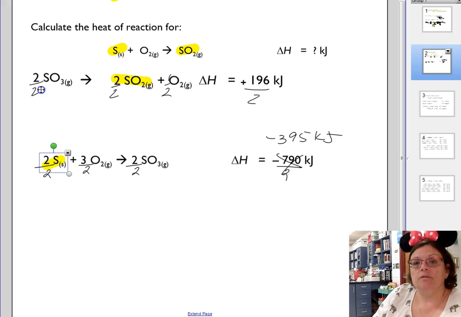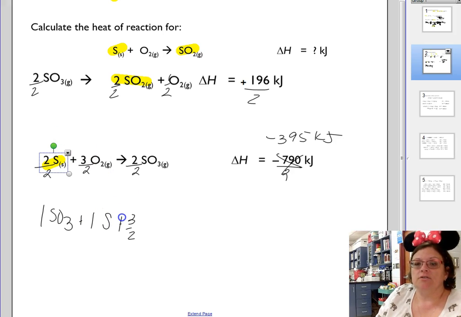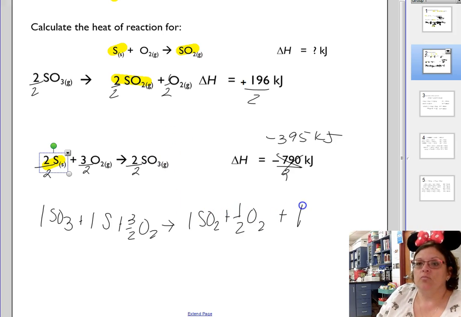That gives me 1 sulfur trioxide, 1 sulfur dioxide, and a half of an oxygen. Now I'm going to put them together. Okay, 2 over 2 is 1 SO3. 2 over 2 is 1 S plus 3 halves oxygen. 2 over 2 is 1 SO2 plus 1 half oxygen plus 2 over 2 is 1 SO3.